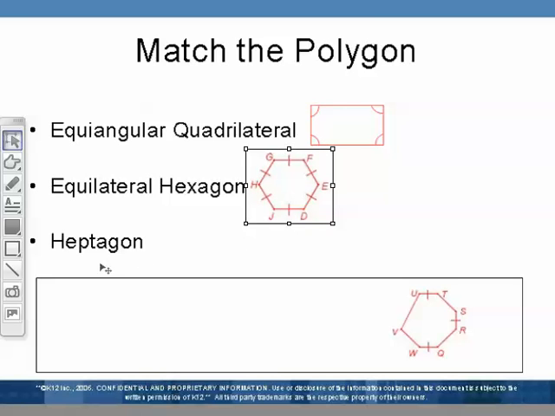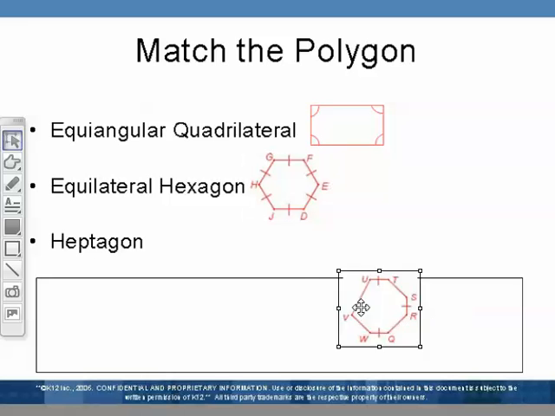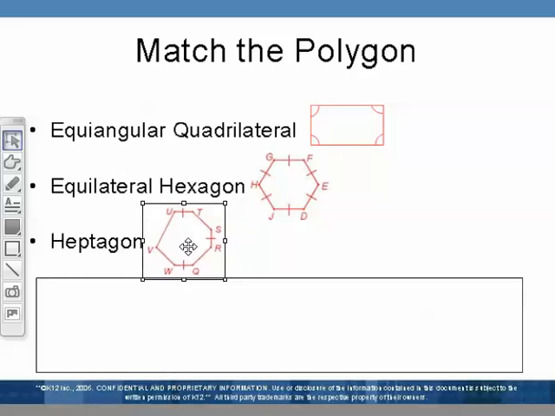The last one says heptagon. Hepta is a word you might not be familiar with. The prefix on that, that is the word for 7. If you look down here, this object has 7 sides on it, even though not all of them are marked being equal. So this is a heptagon, 7-sided object.